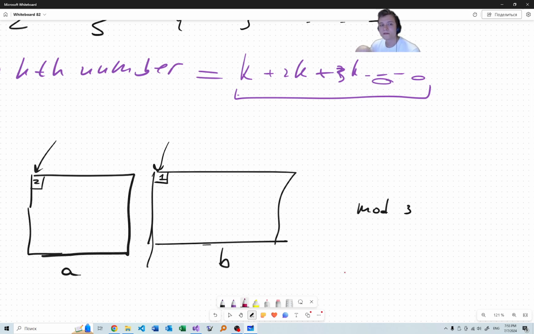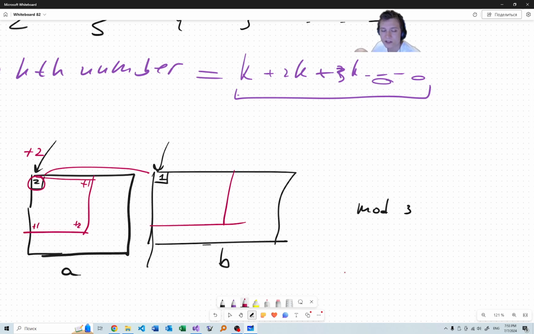If here we have an element which is not equal to this one, then we have to add something here. Here we have to add 2. So let's just take any rectangle with this corner and add 2 here, and add 1 here and here. So now we have got what we wanted. Now this corner is correct.